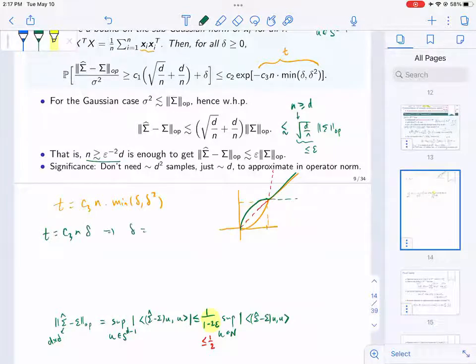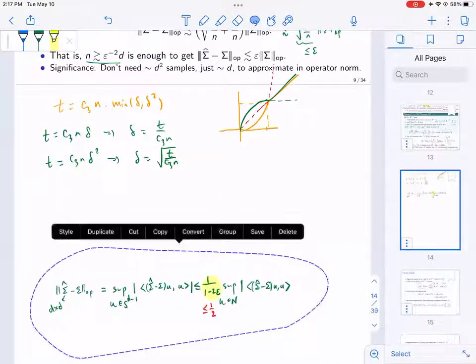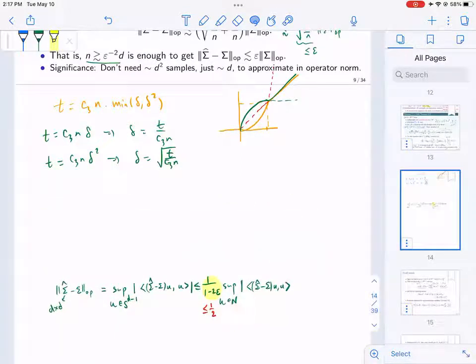This gives me delta is t over c3 n, since t is equal to c3 n delta. This gives me delta is root t over c3 n, since t is equal to c3 n delta squared. These are the inverses of the two branches. And then the result is that delta has to be the maximum. So that's the inverse function, if you think about it graphically.